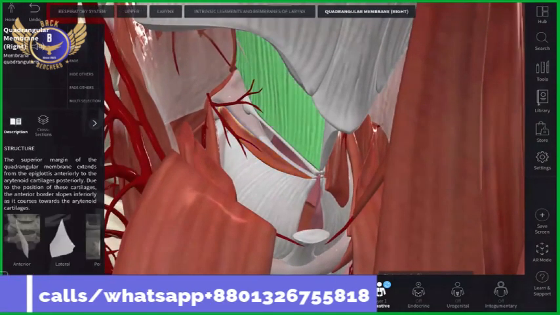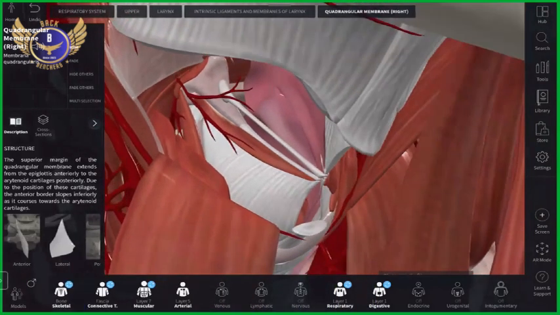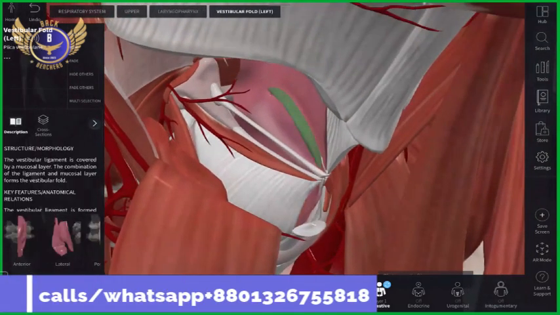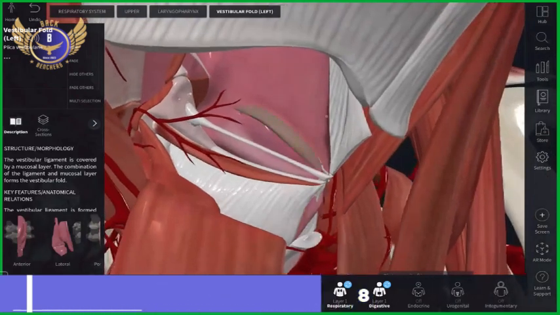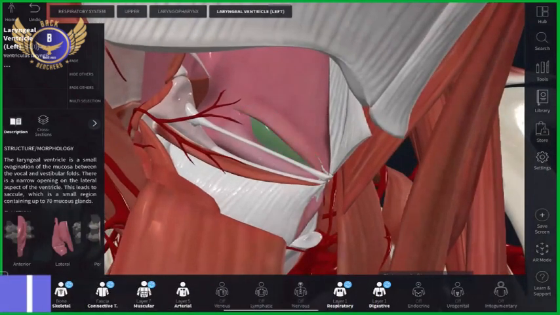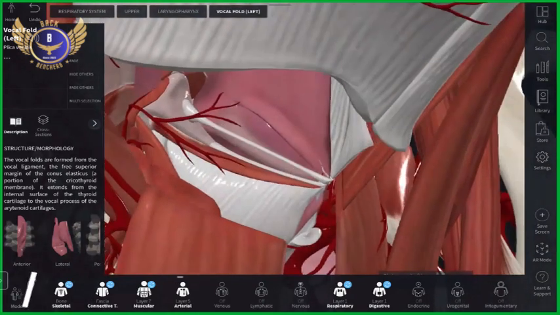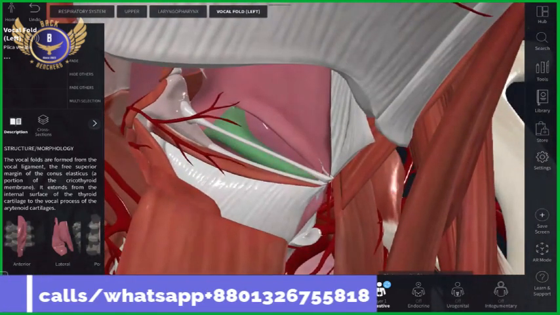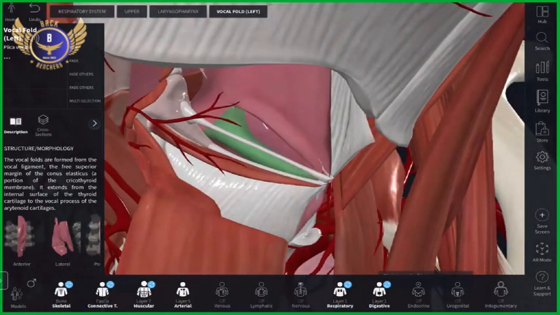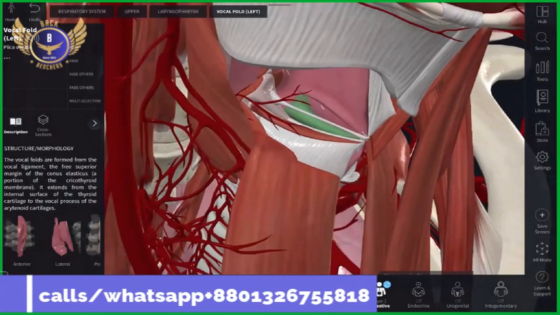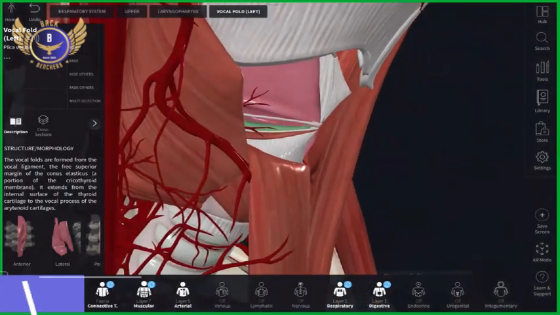Okay, so this is our vestibular fold and this is our vocal fold. So the vocal fold will produce sound. We have it better in our notes, so don't worry about it. Let me show you the other things you will be facing.